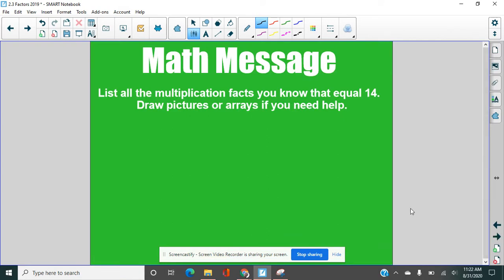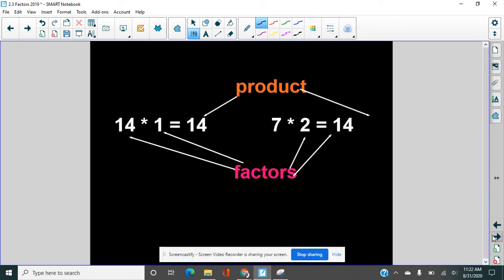So let's take a moment for you to do this. I want you to list all of the multiplication facts you know that equal 14. Go ahead and do that. Okay, what could you have said here? Some of the multiplication facts, you might have said 14 times 1 equals 14.